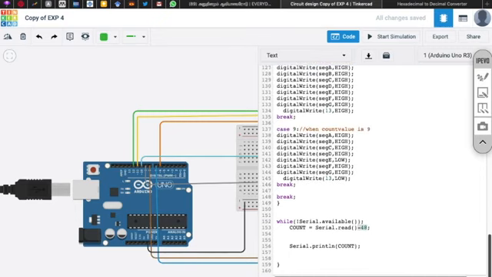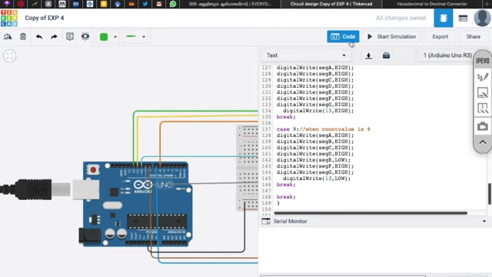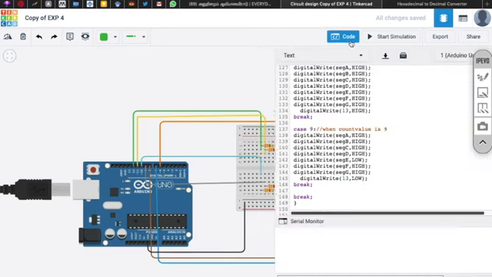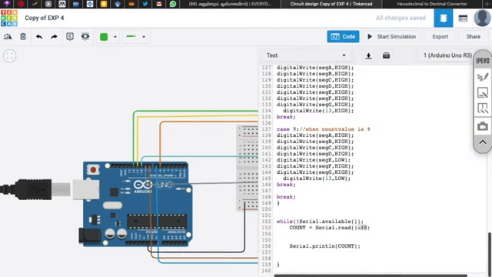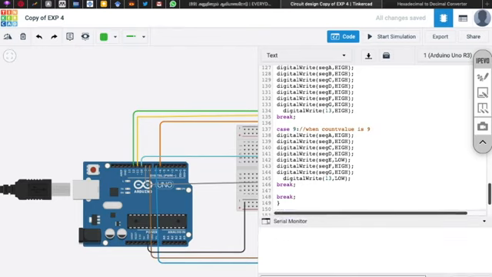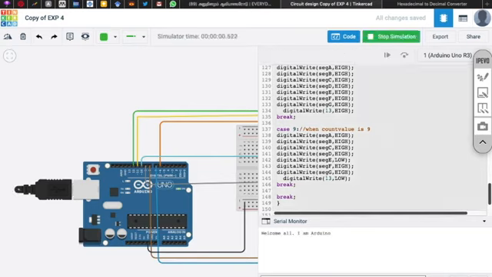It is at the bottom of the code section. When you go to the code section, you will find the serial monitor at the bottom. Here you type the number you want to transmit and send. So you can see that number is displayed over here.